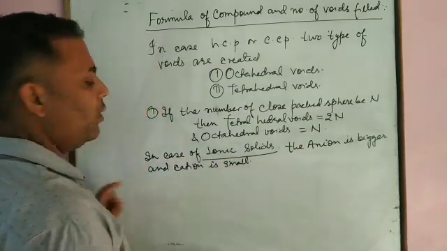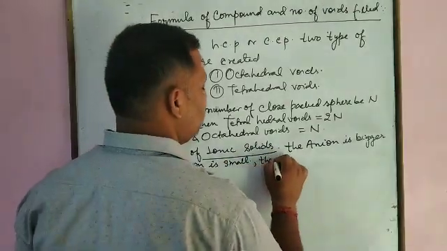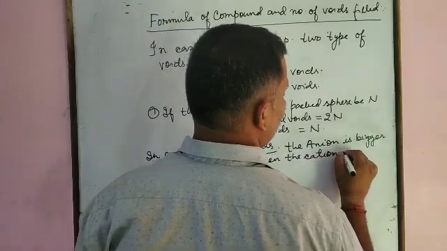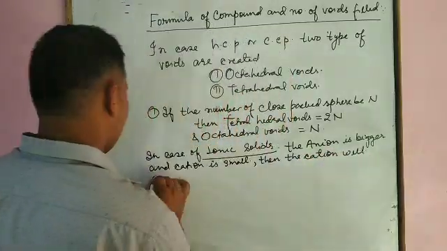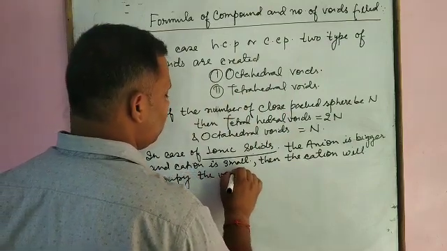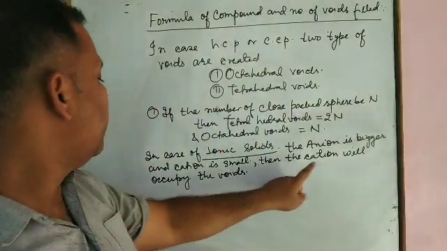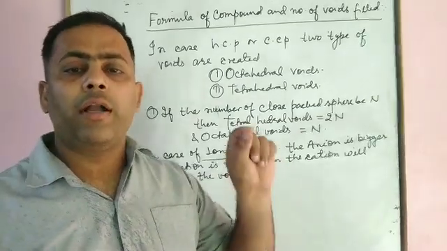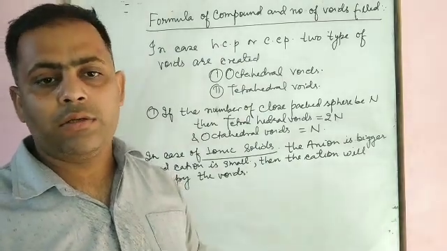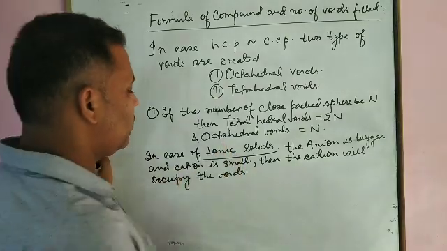If the cation is smaller, then it will occupy the voids. If the cation is quite small, then it will occupy the tetrahedral voids. If it is somewhat bigger, it will occupy the octahedral voids.